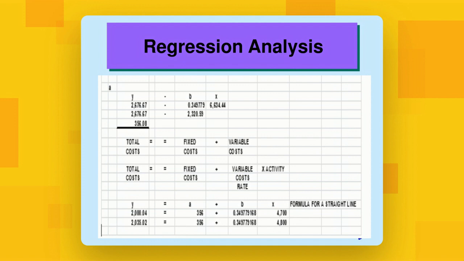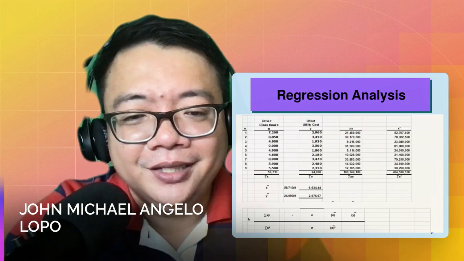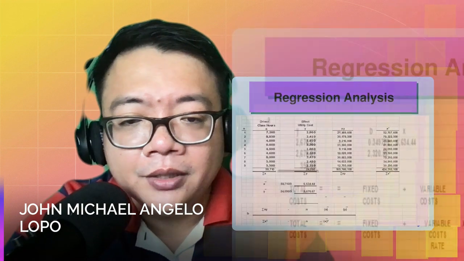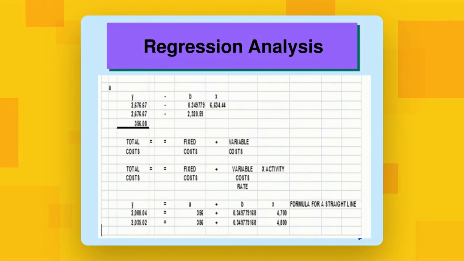0.34. All right, so hopefully in your house, no, compute nyo na, no? Kasi ginawa ko dito para kayo naman gumawa. The answer here, in terms of the variable cost, is 0.34.